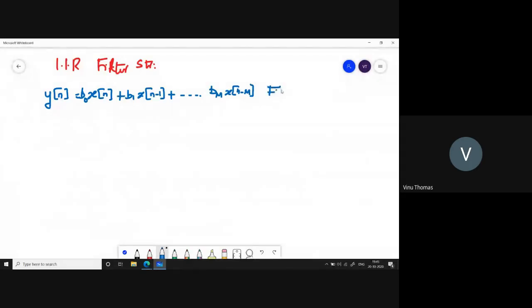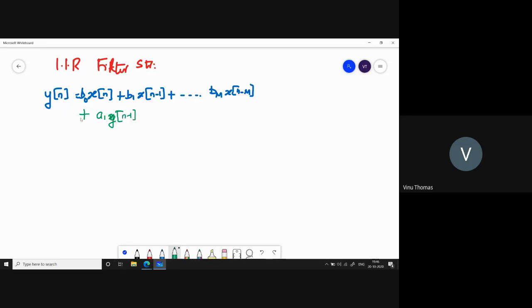Whereas for an IIR filter, the general equation that we'll be writing will also include the recursive part, with terms such as a1 y of n minus 1.